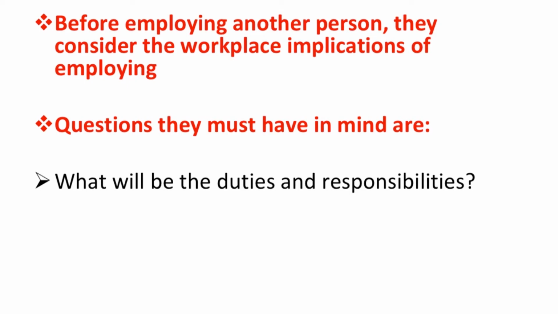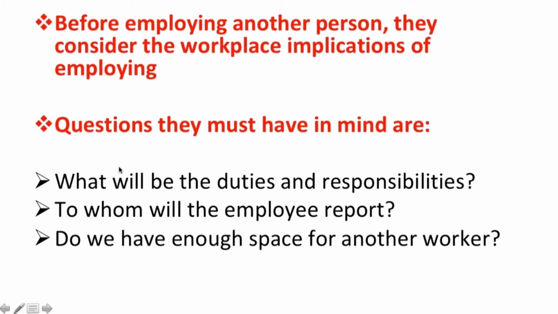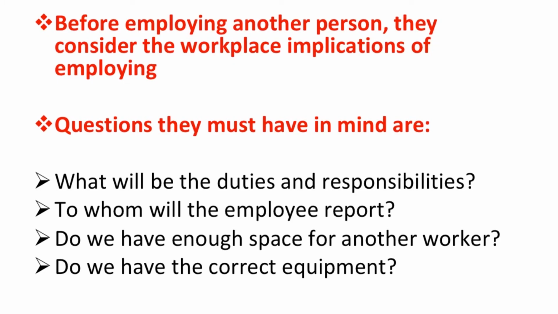The second question could be, to whom will the employee report? The third question, do we have enough space for another worker? So before we can employ a person, we also need to look at our organization to see if there is enough space for the movement of that particular employee. Do we have the correct equipment for the employee whom we want to employ?